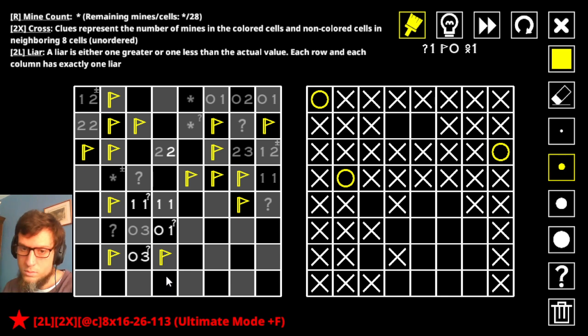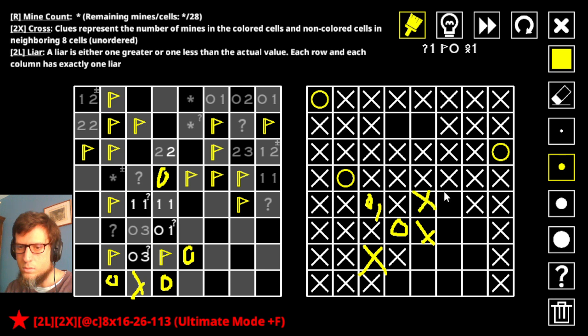Oh, jeez. Okay, if he's a liar, this is out, then this is honest, which means this is like that, right? Okay, then one of these is here, which forces this to be a liar, but then that's gone too, because one of these has to be, and this is lying. Yeah, okay.